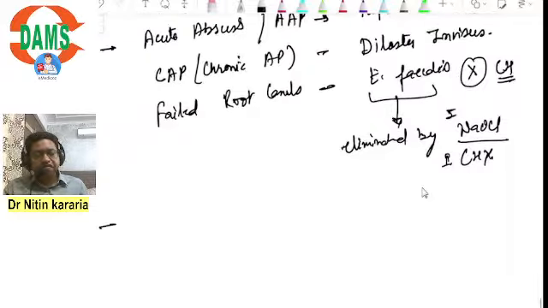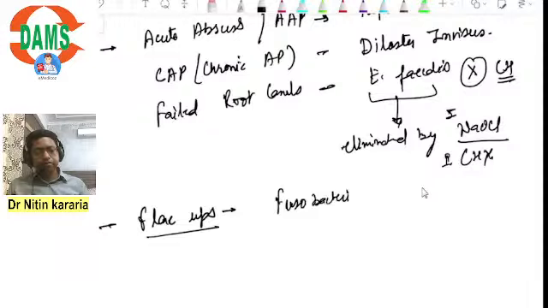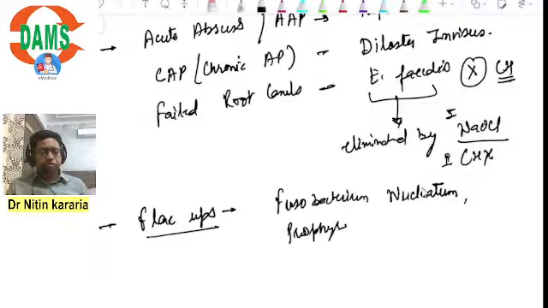Okay, in the cases of flare-ups, in cases of root canals, the bacterial species commonly involved are Fusobacterium nucleatum, Porphyromonas, and Prevotella.